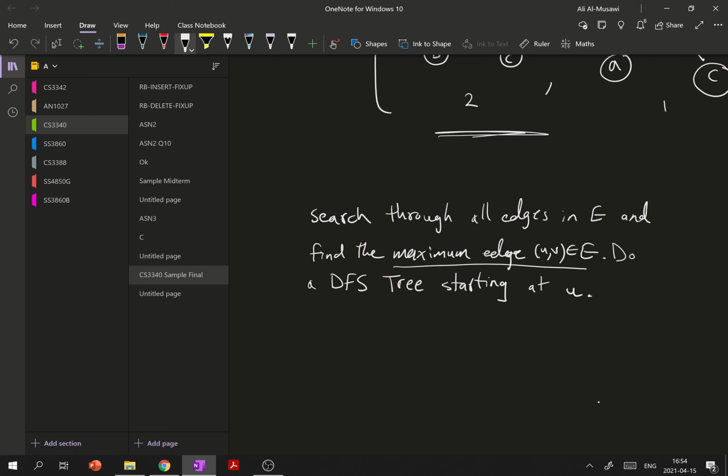It has to be included. That's just how the algorithm works for DFS tree.